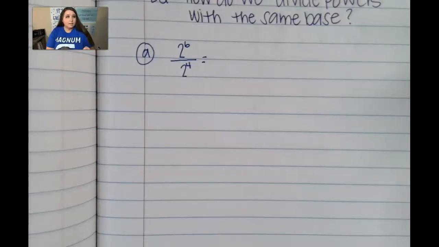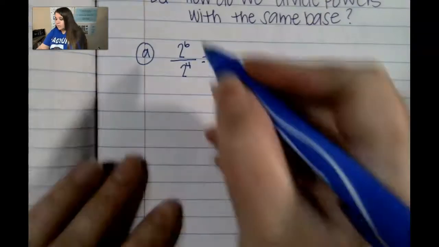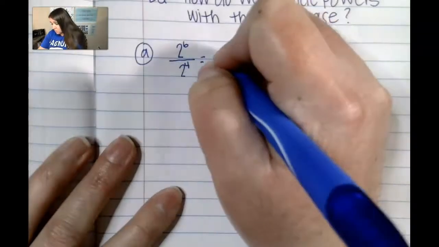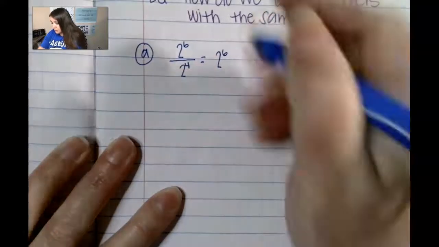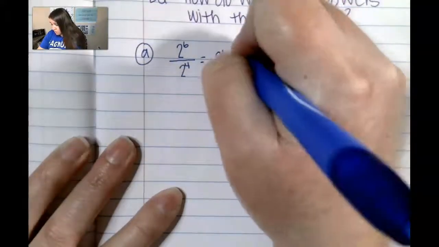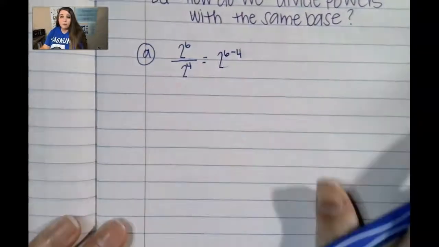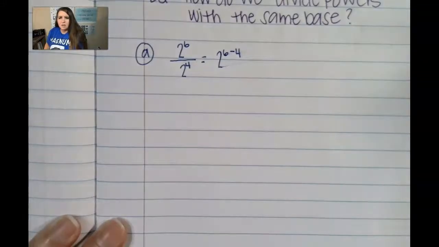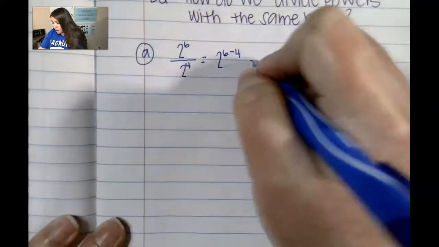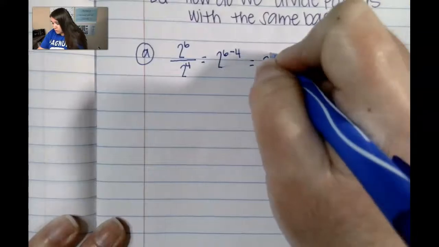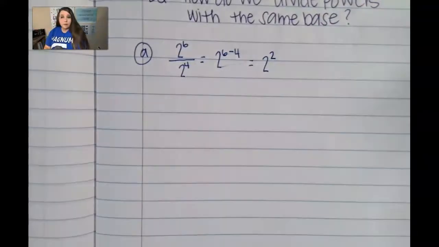So the way we solve these problems when it's a division and they're the same base is you just take 2 to the 6th minus 2 to the 4th, or minus the power of 4. So now our power is 2 to the 2nd power.